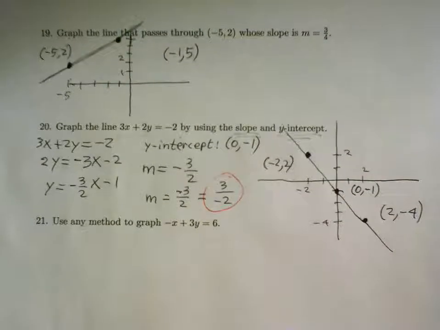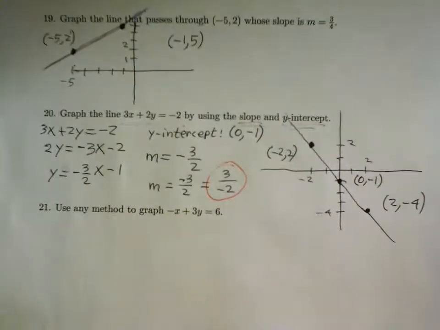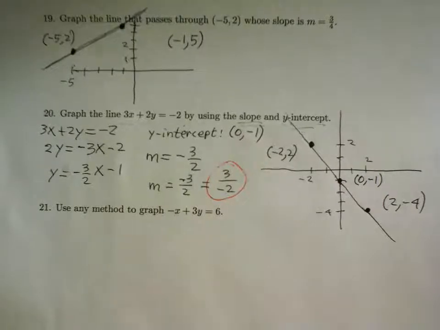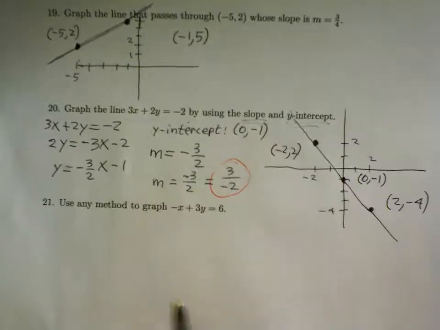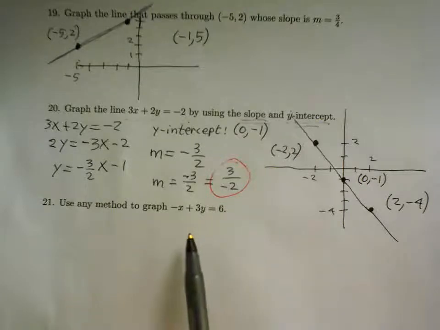Okay, the next problem. Use any method to graph negative x plus 3y equals 6. So we've seen a couple of methods. We can use the x and y intercepts. We can use the slope and the y-intercept.